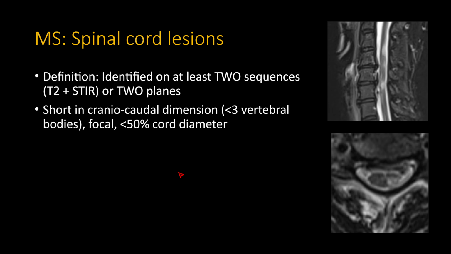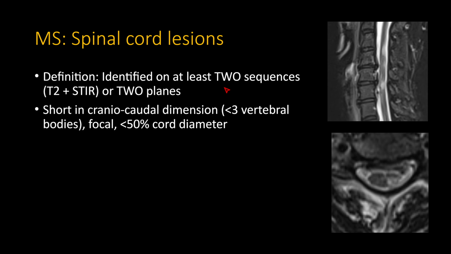So let's talk about MS spinal cord lesions. The McDonald's criteria defines spinal cord lesions as a lesion in the cord that's identified on at least two sequences or in two planes. So it can be identified on your sagittal T2 and sagittal STIR, or in two planes, like sagittal T2 and axial T2.